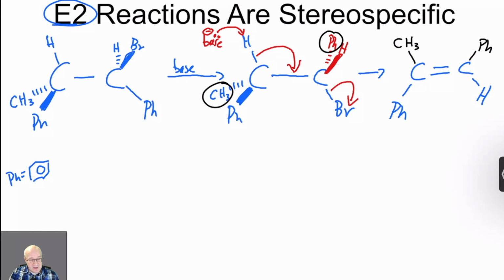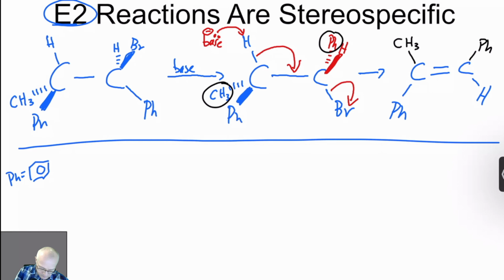Let's do the reaction again, but let's change the stereochemistry and see what happens. All I'm going to do is move this bromine to where the hydrogen is and this hydrogen to where the bromine is. That's all I'm going to do. Left carbon is exactly the same.